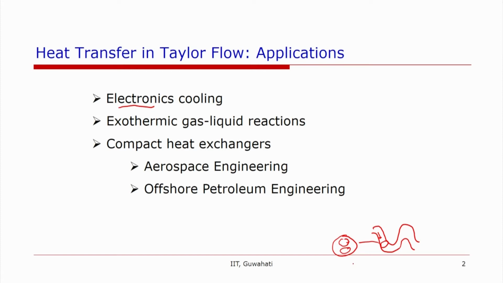These are called Dean vortices. That can be one of the solutions. Another solution is where people use baffles in different arrangements to enhance the radial mixing by convective means, and so on.